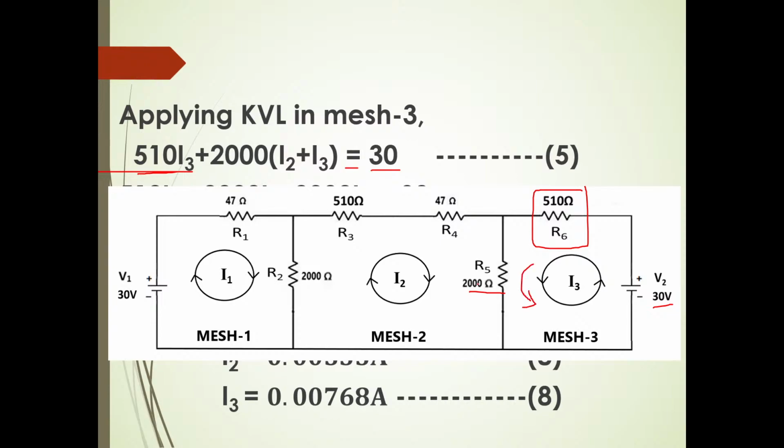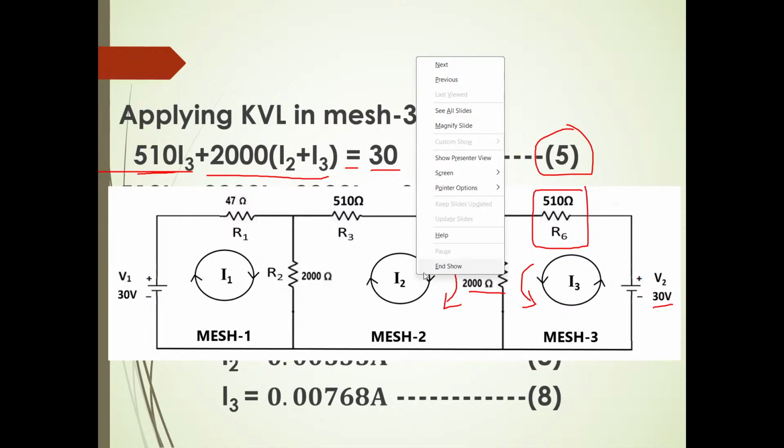Both the currents, I3 and I2, since 2000 is in between mesh 2 and mesh 3. And if you observe the loop currents, I2 and I3, both are in same direction. Therefore, 2000 into I2 plus I3 you have to write. So this is our KVL equation. Consider it as equation number 5.